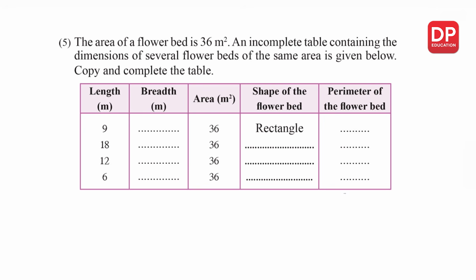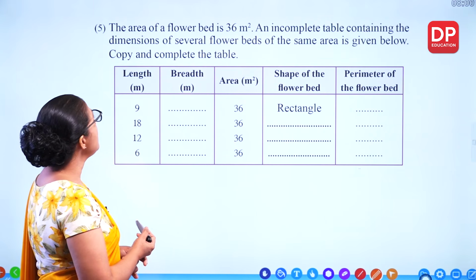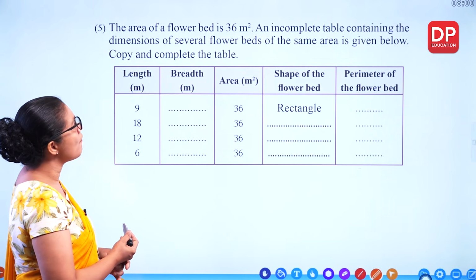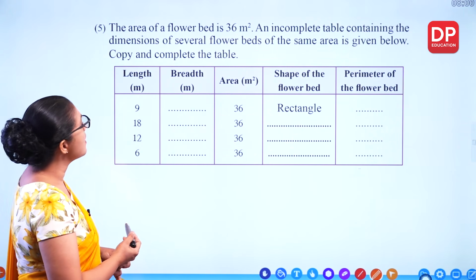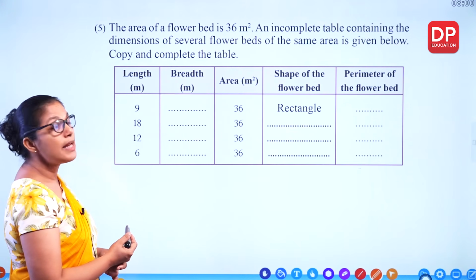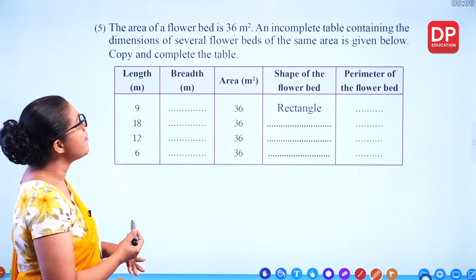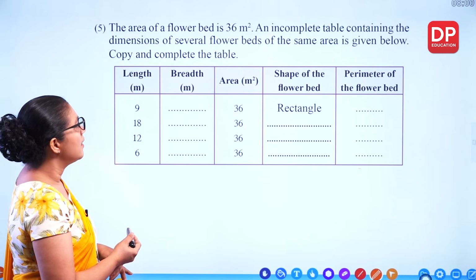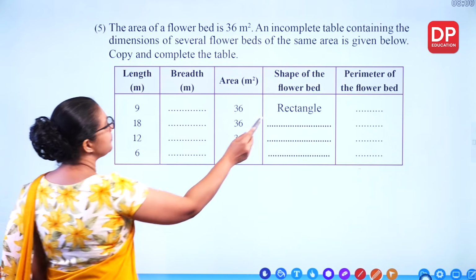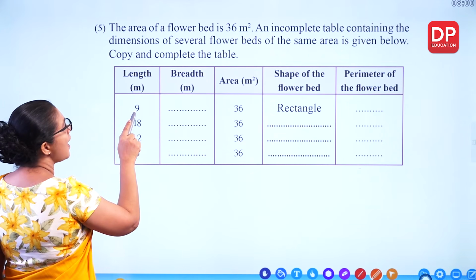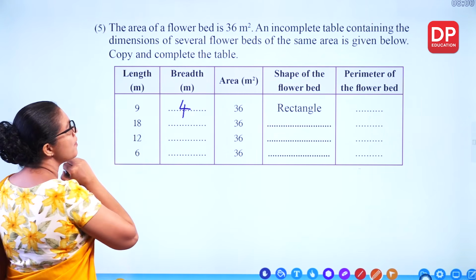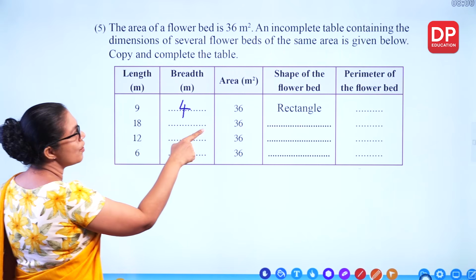Question number 5. The area of a flower bed is 36 square meters. An incomplete table containing the dimensions of several flower beds of the same area is given below. Copy and complete the table. The total area is 36. If it's a rectangle with length 9, the breadth should be 4. 9 times 4, 36.